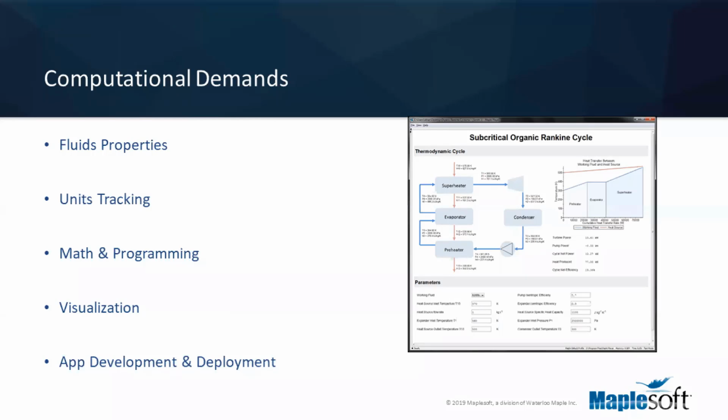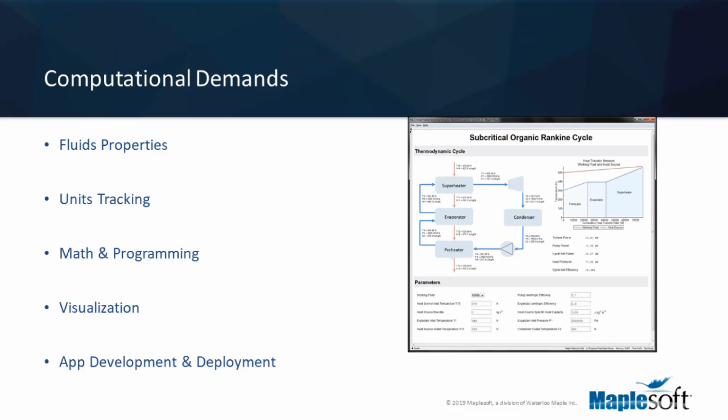Now, moreover, once a calculation is prototyped, a live deliverable often needs to be sent to a client or demonstrated to a student. Now, individual tools, such as Excel, may have some or all of these features. For example, you can get fluid properties add-ins for Excel, but Excel isn't a great tool for engineering because it lacks the other characteristics that you need, such as units tracking and higher level math functionality.